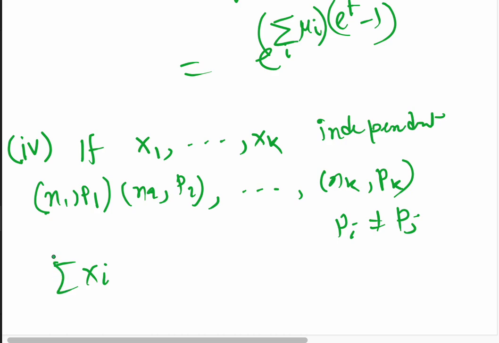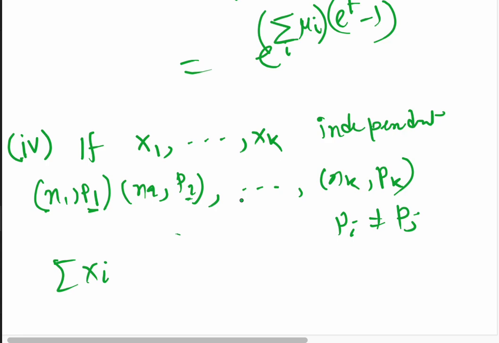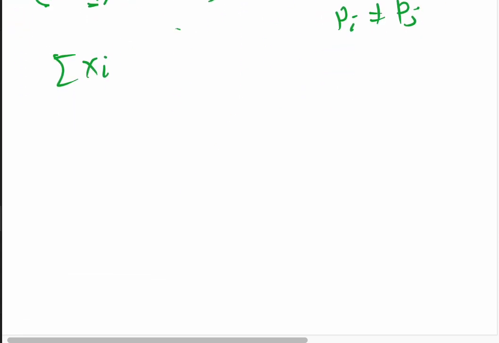That is not correct, because for the summation to be a binomial variate, the probabilities pi, pj should be the same for all. So the fourth statement is not correct. That means only the first and third statements are correct. That is the answer.